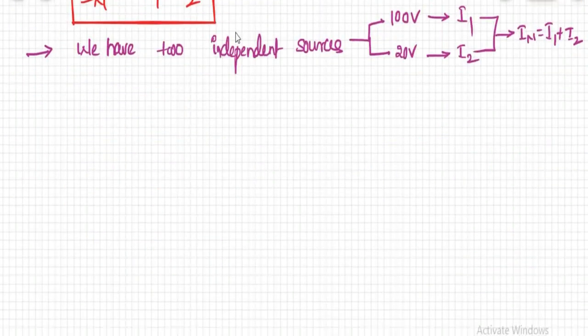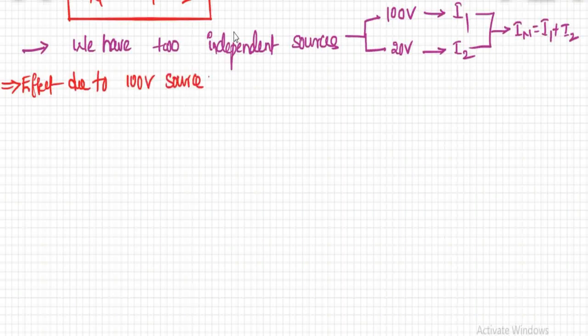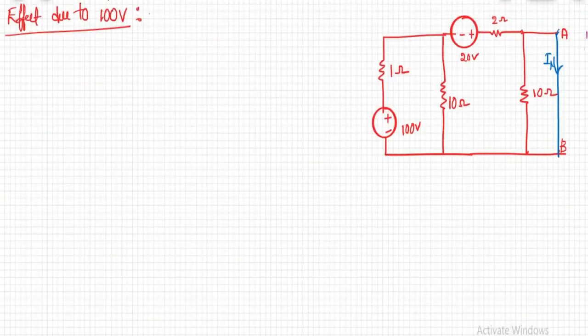So let us take the effect due to the 100 volt source. That means the remaining sources will be replaced with their internal resistance. For that I am going to remove our 20 volt source and redraw the circuit.